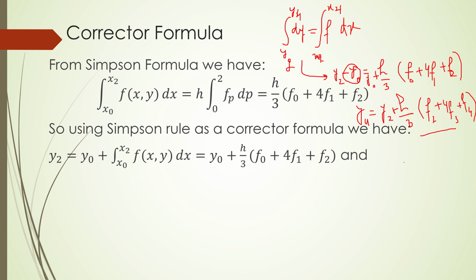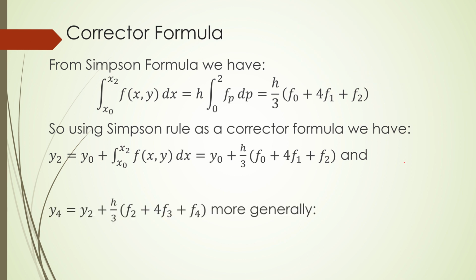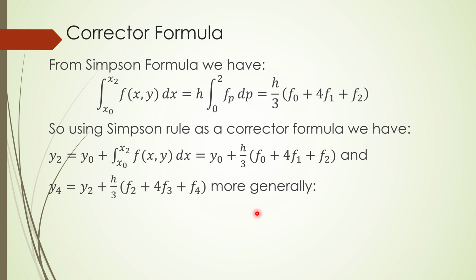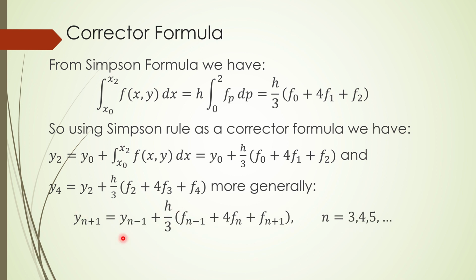Then you can generalize that for y5, y6 as well, and so on. From here we generalize this rule as y(n+1) equals y(n-1) plus h by 3 times (f(n-1) plus 4 fn plus f(n+1)). Now, in the previous case it was y(n-3), but now it is y(n-1).